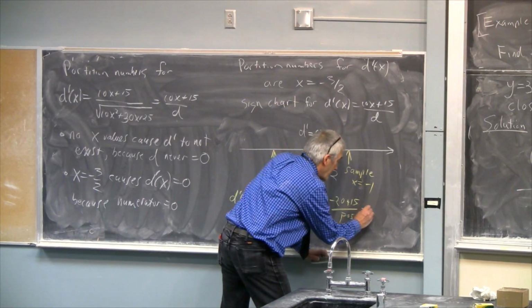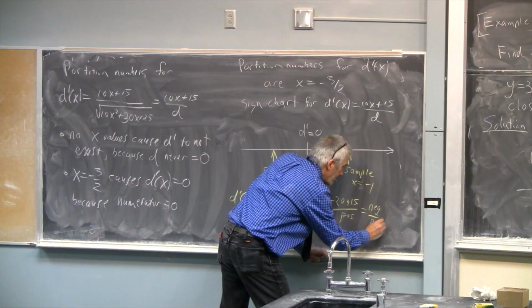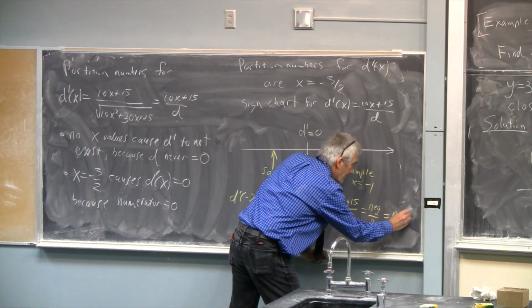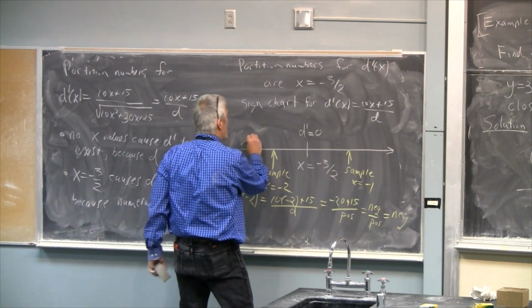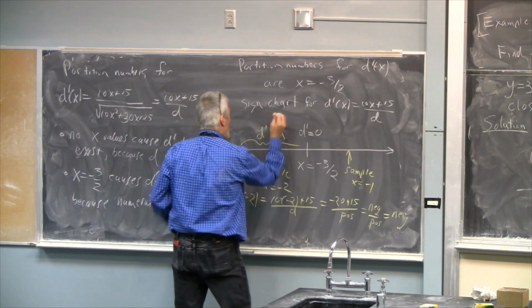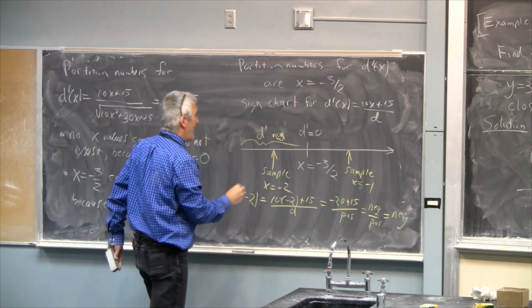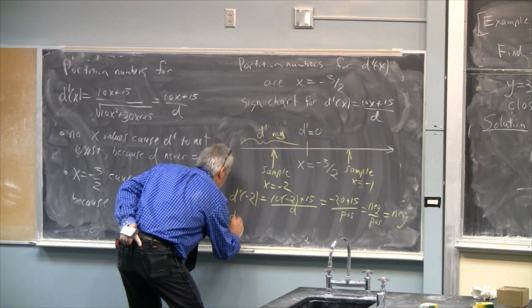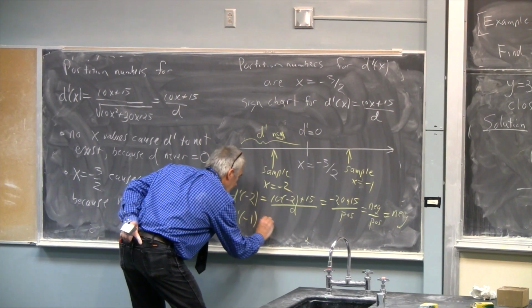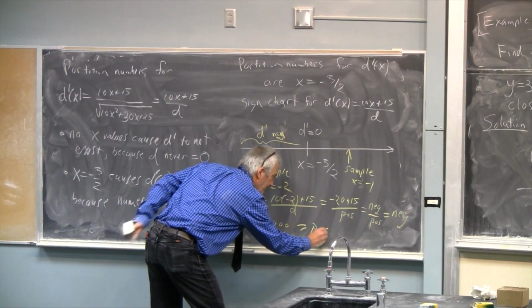So I have a negative over a positive, and so that's negative. So out here, d prime is negative. And out here, d prime at -1 turns out to be positive.